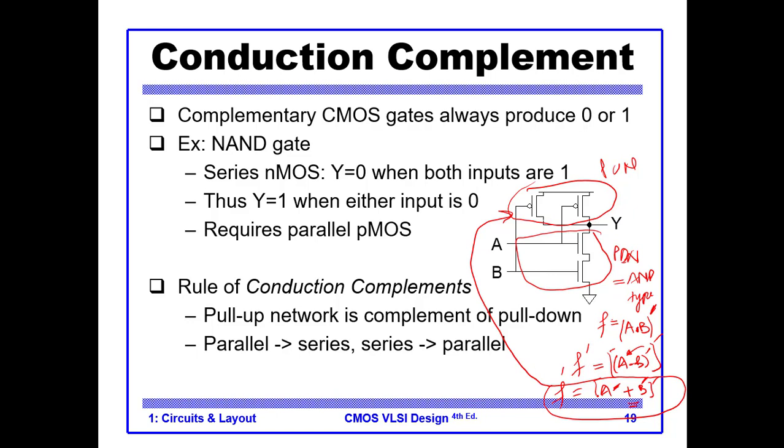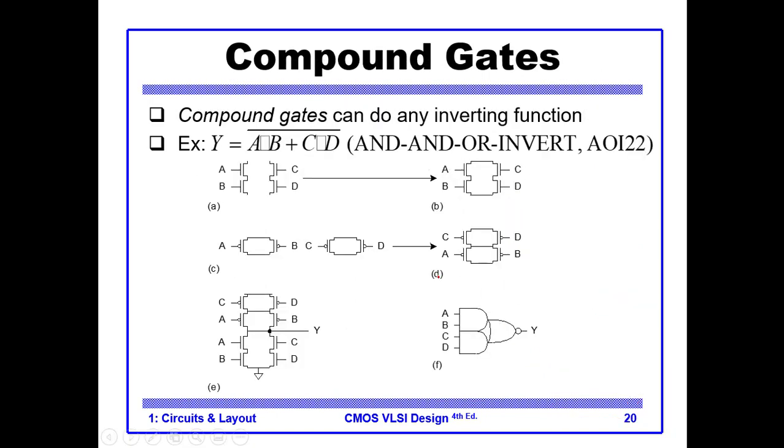In the NOR, the pull down network was OR type or parallel, and the pull up network was AND type or series. In the NAND gate it is opposite. The pull down network is AND type or series, and the pull up network is OR type or parallel. So this is the story.